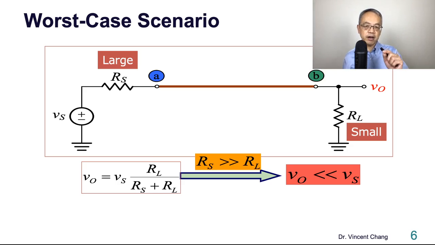So if Rs is greater than RL, then VO will be much less than Vs. What does that mean? It means that a large portion of the signal is lost during the transmission.